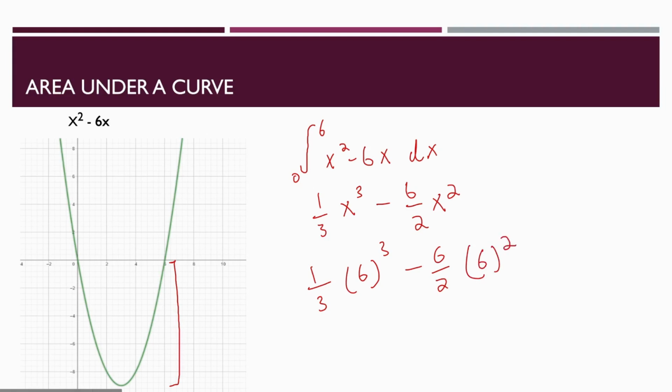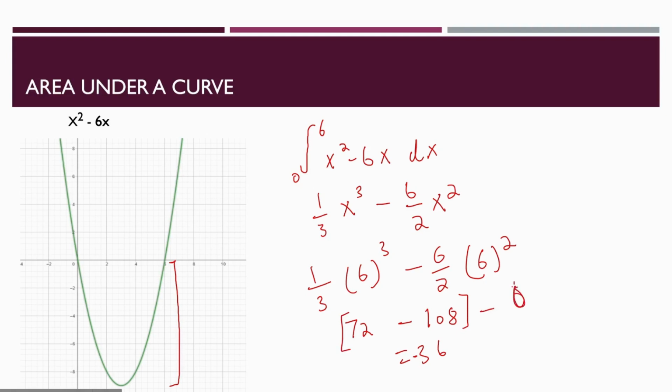So this should give you approximately 72 minus 108, right? So this comes out to 36 and minus 36. Now this is the upper limit minus the lower limit, which is basically just 0.